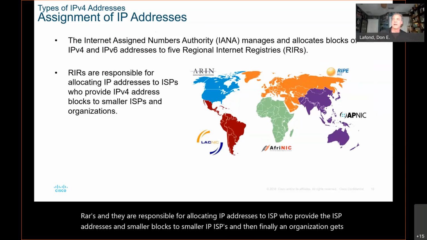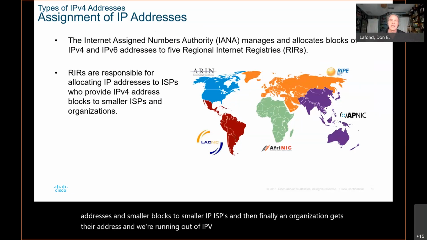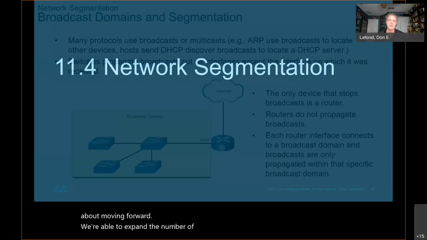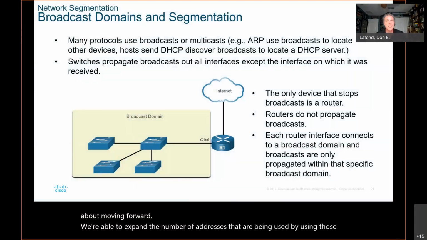And we're running out of IPv4 globally accessible addresses. So with subnetting, which is what we're going to talk about moving forward, we're able to expand the number of addresses that are being used by using those private networks.